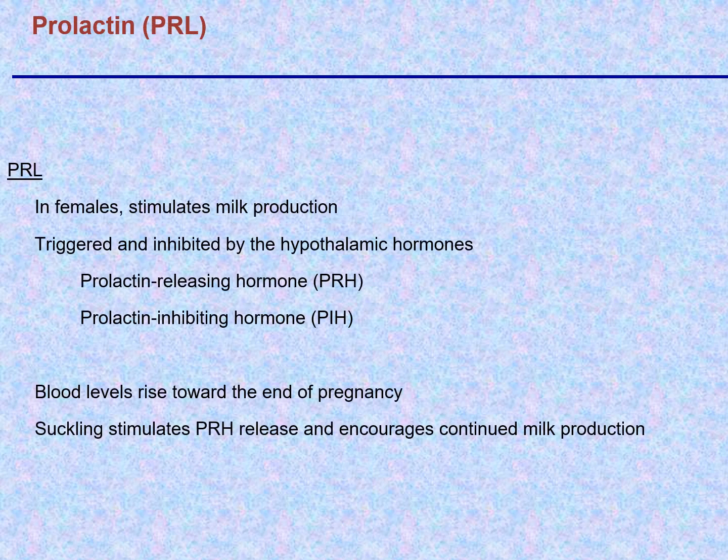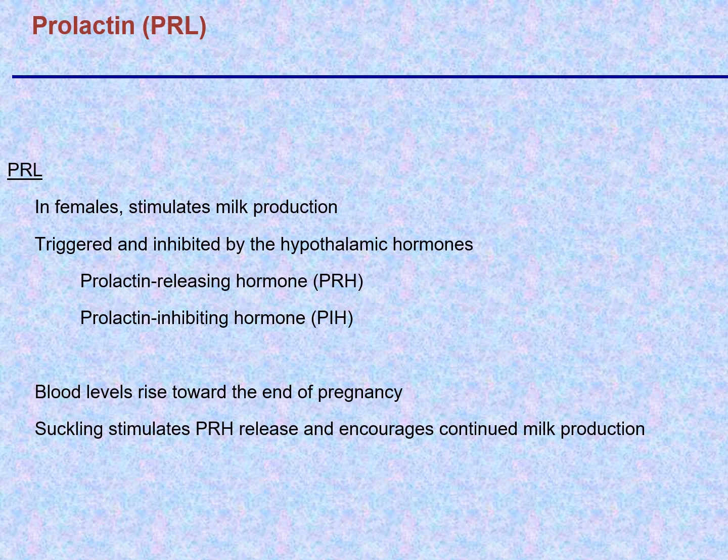So the sixth and last hormone that I'll talk about, coming from the anterior lobe of the pituitary gland, is called prolactin, and in females it will stimulate milk production.